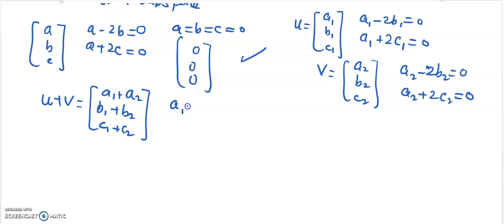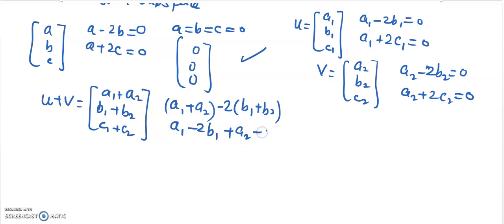A1 plus A2 is the first element, minus 2 times the second element, which is B1 plus B2. So now we need to evaluate it. What is that? A1 minus 2B1 plus A2 minus 2B2.